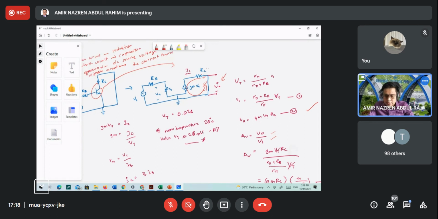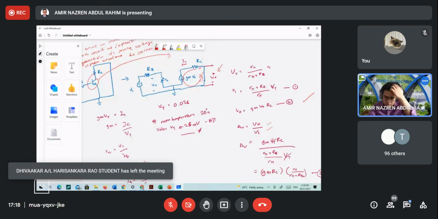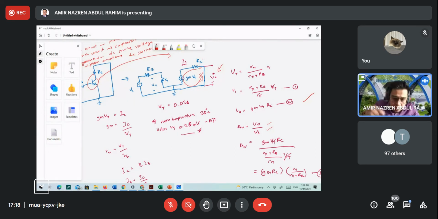Second, we need to know our source voltage. Our Vs came from here.